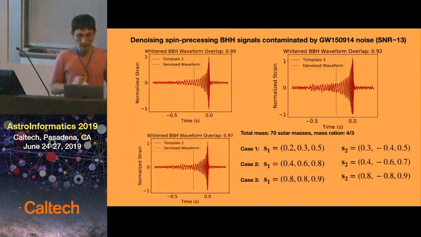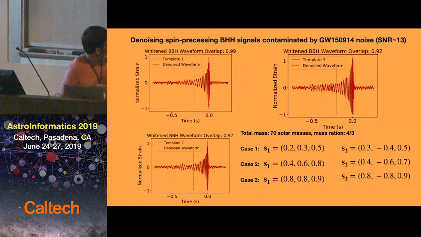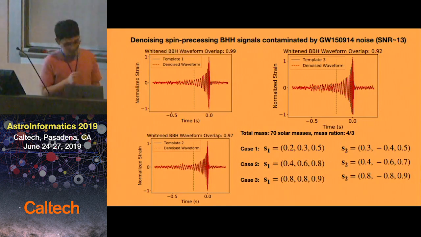And like I mentioned earlier, we only trained our neural network on non-spinning black holes. So we're interested to see how the neural network would perform if we actually used it to denoise spin precessing binary black hole signals. So in this case, we consider 3 types of template, and we consider the same total mass, which is 70 solar mass here, and the mass ratio is 4/3.